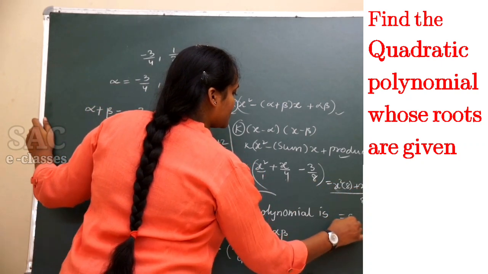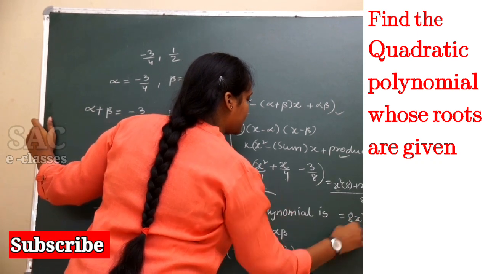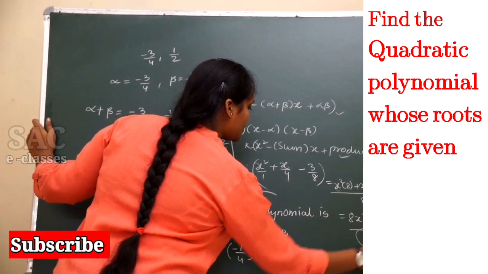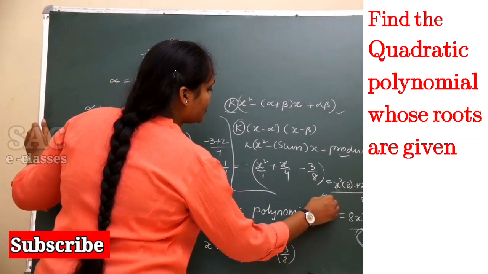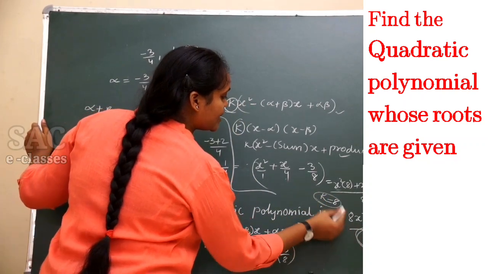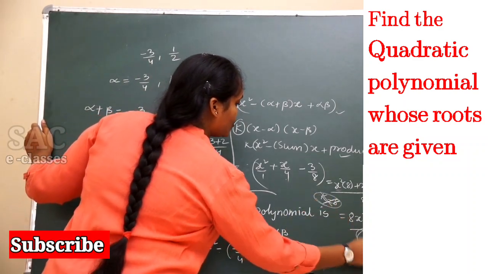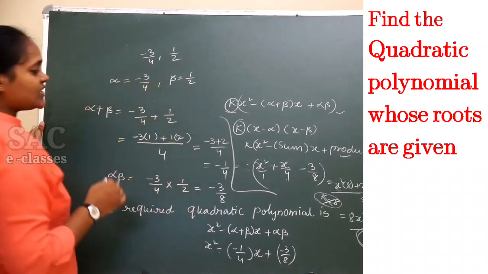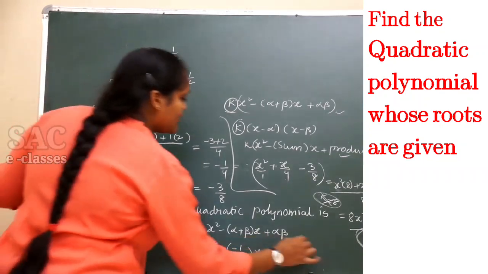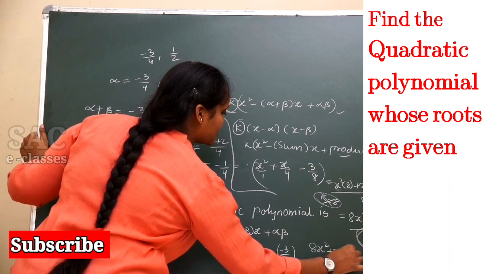So you will get 8x square plus 2x minus 3 by 8. Ignore the denominator 8. If you take k as any value, 8, the denominator will get cancelled. So while you are writing, don't write k and don't write the denominator. Just ignore it. What is the polynomial? 8x square plus 2x minus 3.